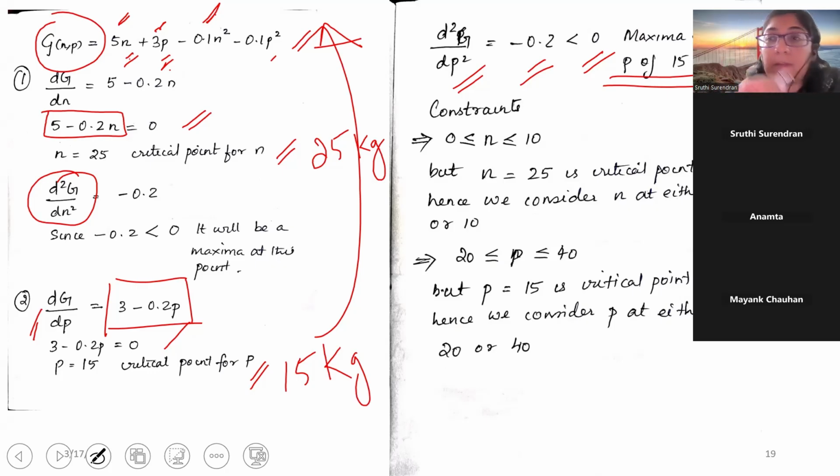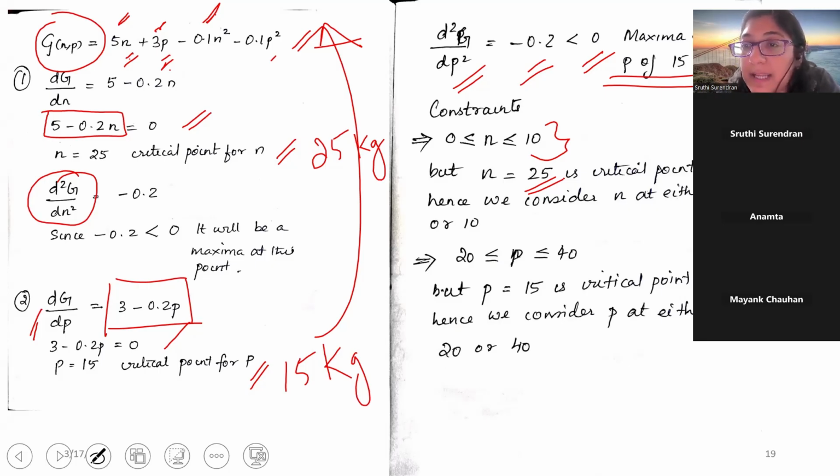Now, next step, we go to the constraint. In the constraint, we know that any quantity of nitrogen more than 10 kgs is toxic to the plant. So we have to keep the quantity within or equal to 10 kilograms. So N is 25. It's not a possible value that nitrogen can take.